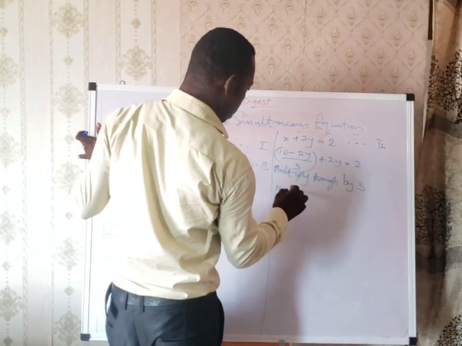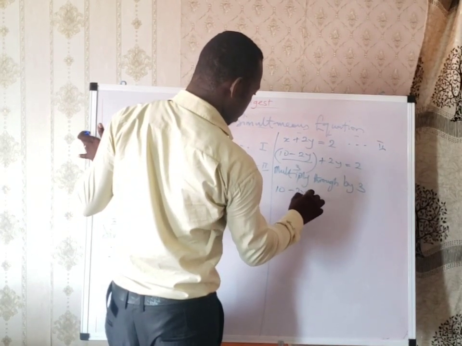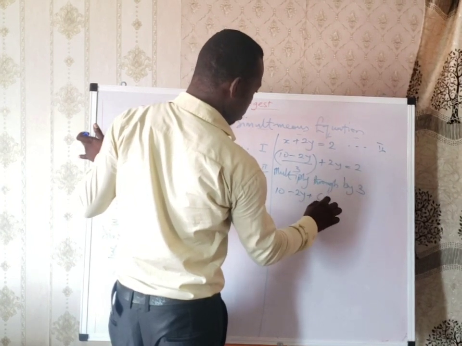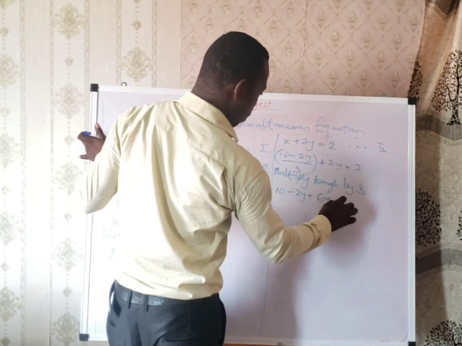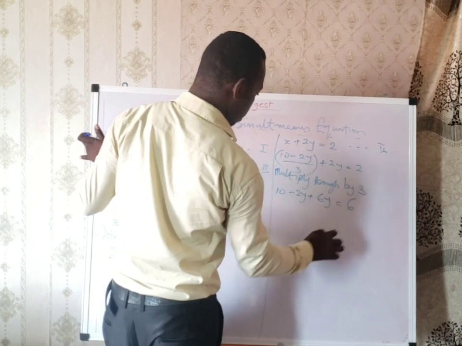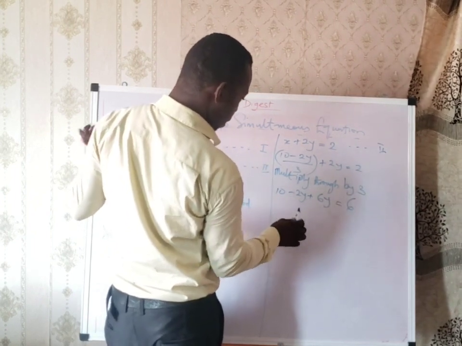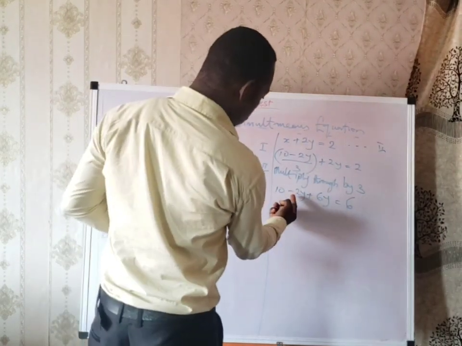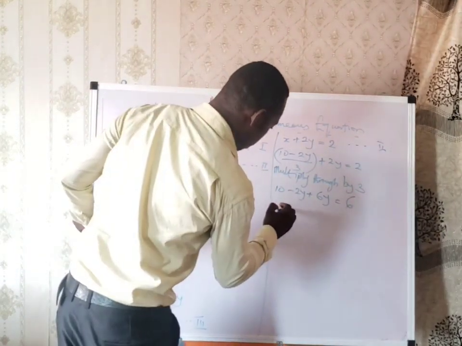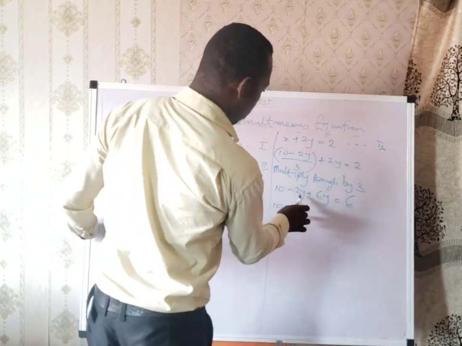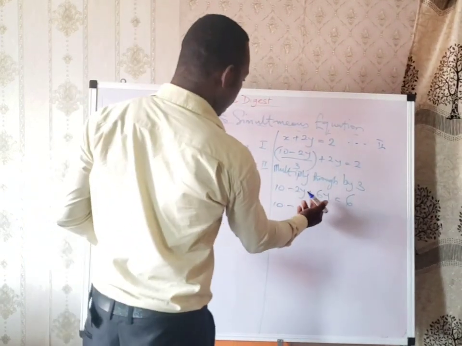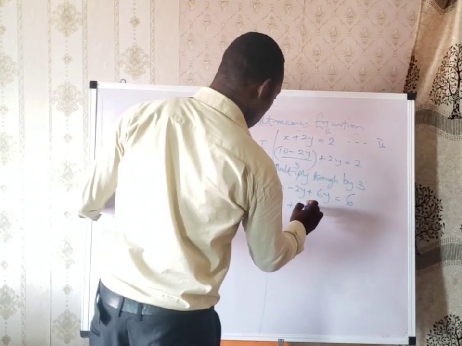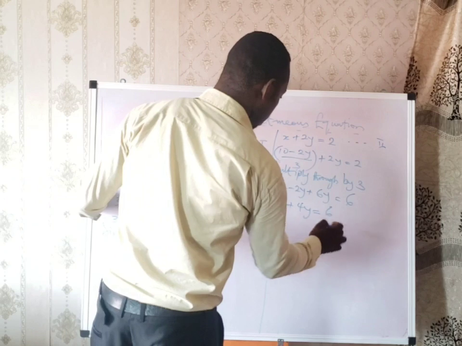We have 10 minus 2y plus 3 times this, which is 6y, equal to 3 times this, which is 6. So we have 10 minus 2y plus 6y, which gives plus 4y, equal to 6.